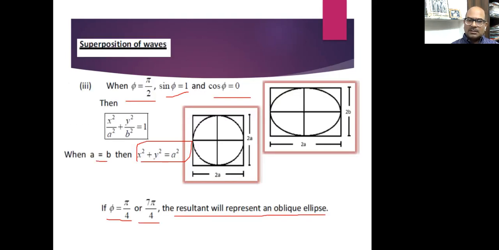In the last diagrams we have seen that these are actually Lissajous figures, because they are generated due to the superposition of simple harmonic motions, and there is a relation of their phases, and accordingly we can find the values.